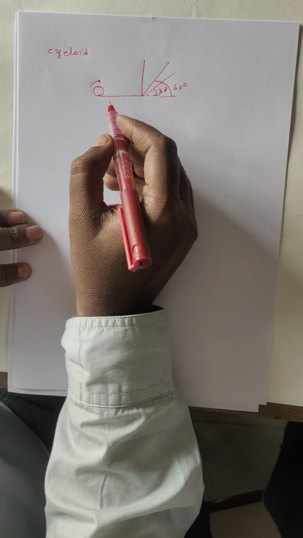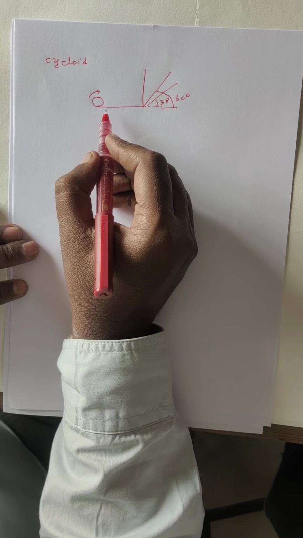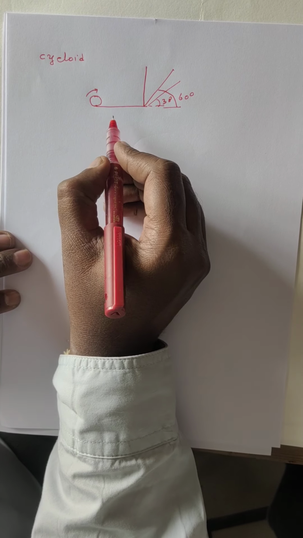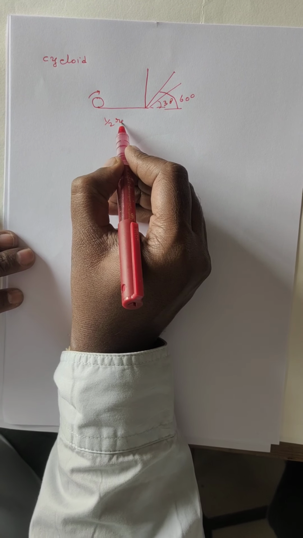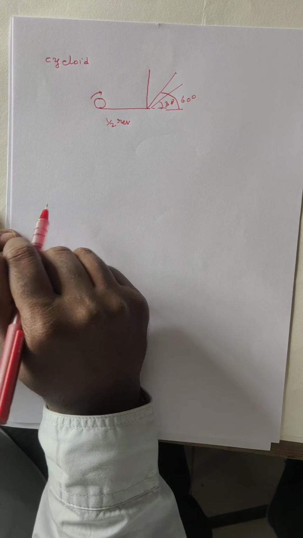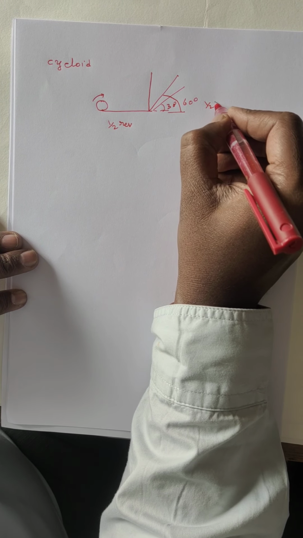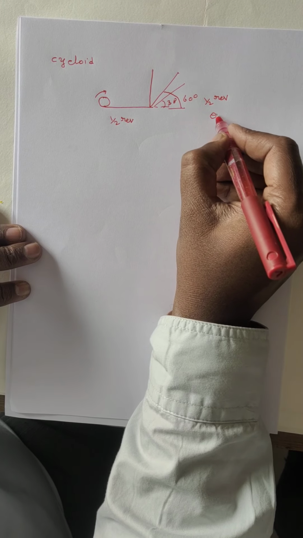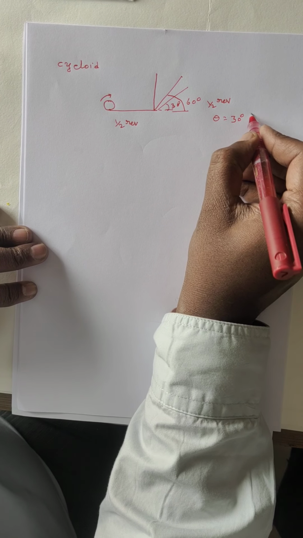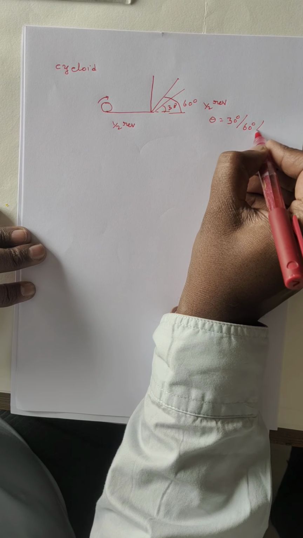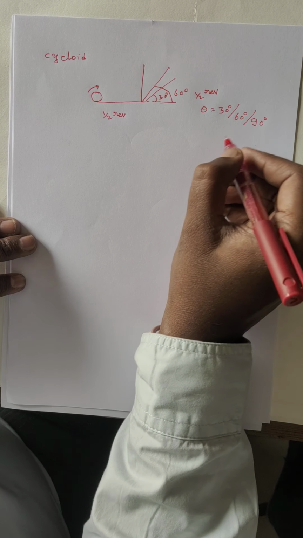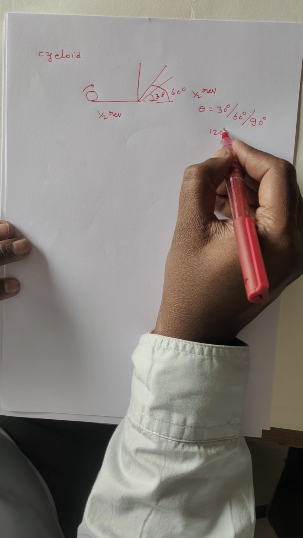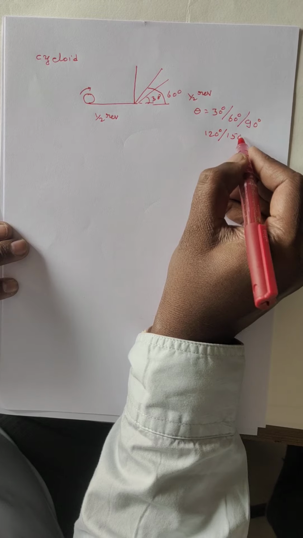Now in this, first of all, let us consider a circle rolls half revolution on horizontal and another half revolution on inclined. That inclination may be 30 degrees or 60 degrees or 90 degrees or 120 degrees or 150 degrees.